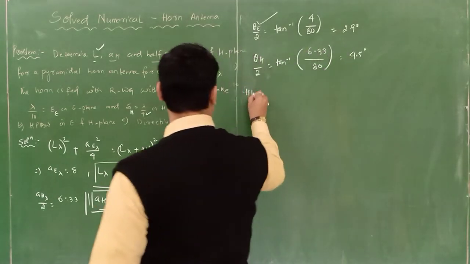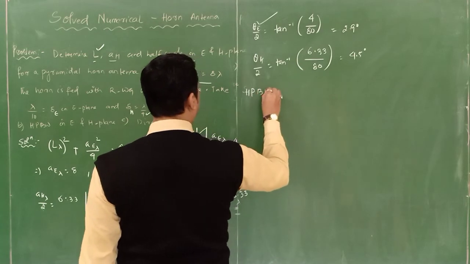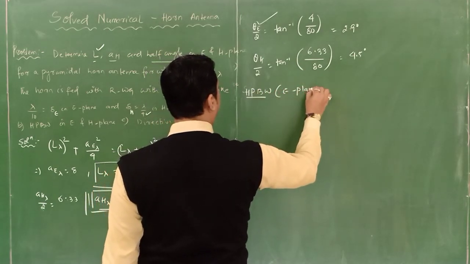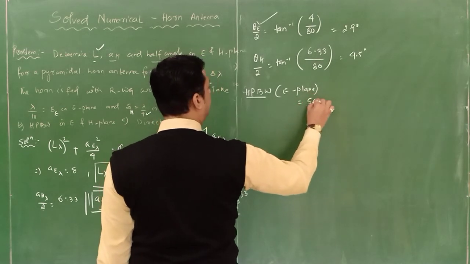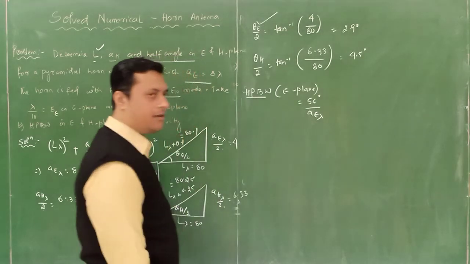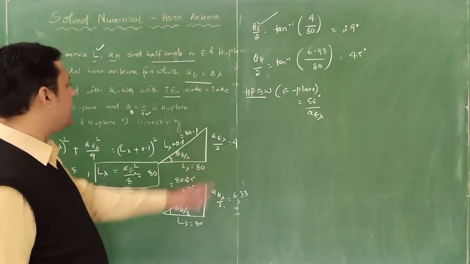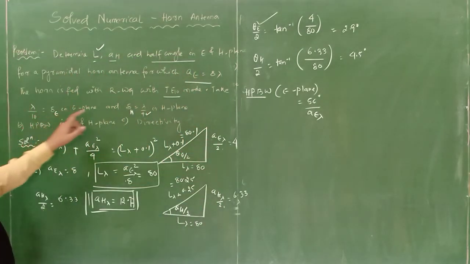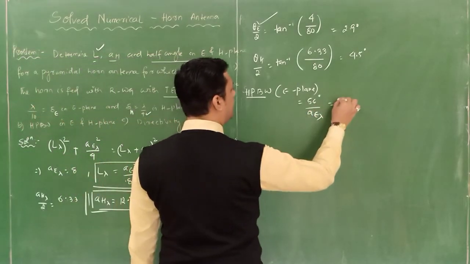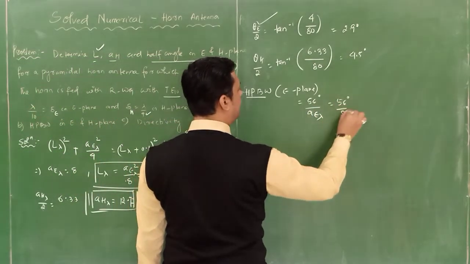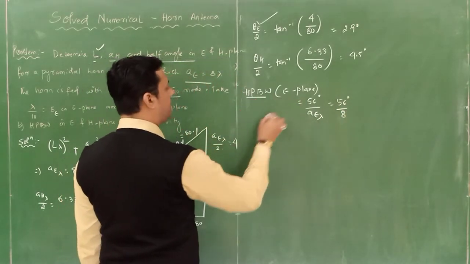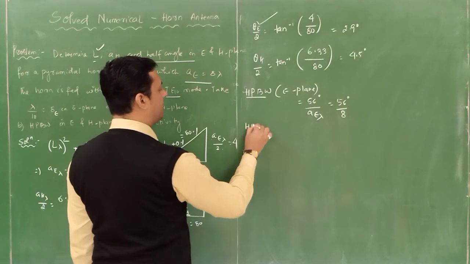Similarly, the half power beamwidth with respect to E plane we can determine as 56 degree divided by A lambda. Now what is A lambda? A lambda, here you can see A lambda is 8. So here we will get 56 degree divided by 8. So this is with respect to half power beamwidth of E plane.